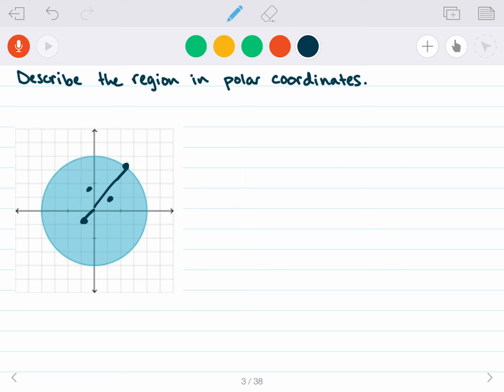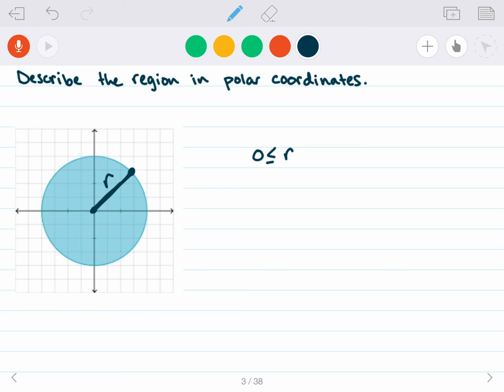So where could that radius vary? Well, we could have a point right here smack dab in the origin, so that would mean that r would be greater than or equal to 0. Or we could have some point way out here at the boundary. Well, what is the maximum radius that we can have?